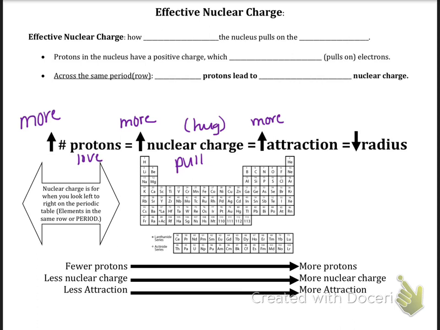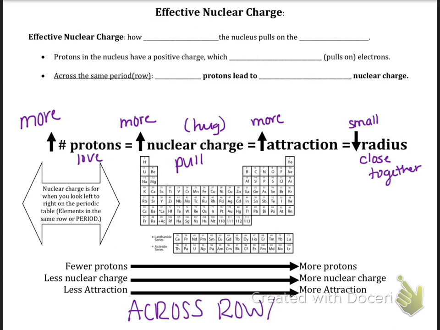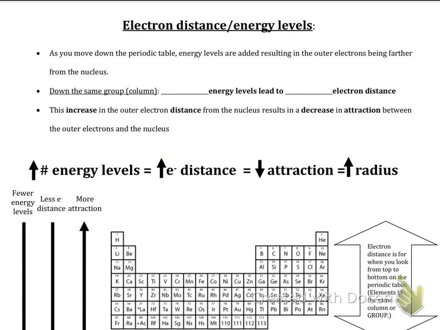If you love them very much, then you're going to have a small radius, meaning that you are close together. Now, this love story occurs when we are going across the periodic table, a row. In chemistry, we say the word period. So anytime we're going left to right, these are the two words that are most important to us: protons and nuclear charge.